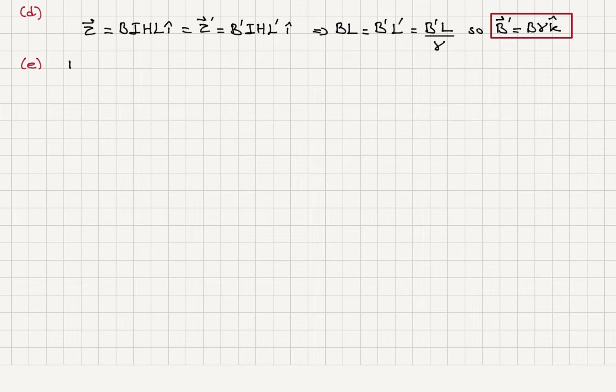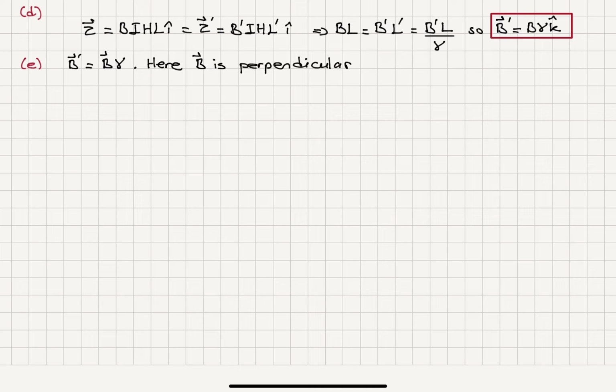In part D, we have found that the magnetic field according to the aliens is the magnetic field according to humans multiplied by gamma. And in this setup here, the magnetic field B is perpendicular to the motion of the spaceship.